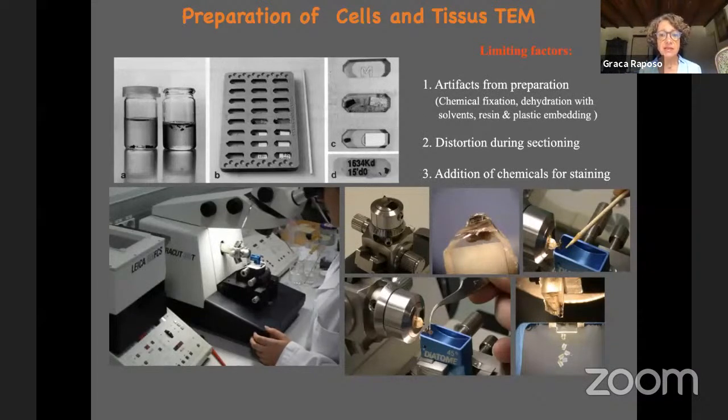And then you just use a regular microtome. Here, the example I show is a diamond knife. You can see here on the bottom, the little sections coming into the water. So the sections of these resin embedded cells and tissues are cut. These are ultra-thin sections of about 60 to 80 nanometers.